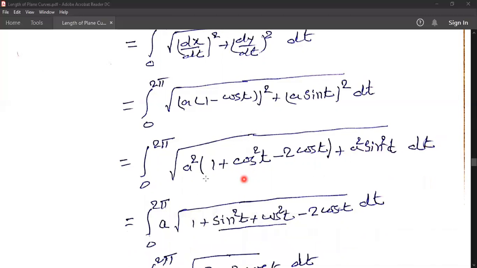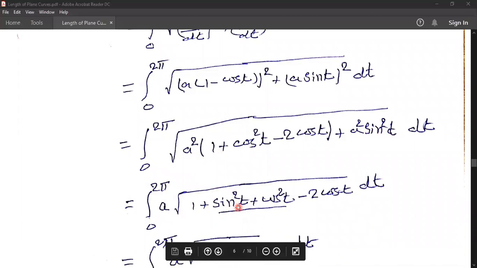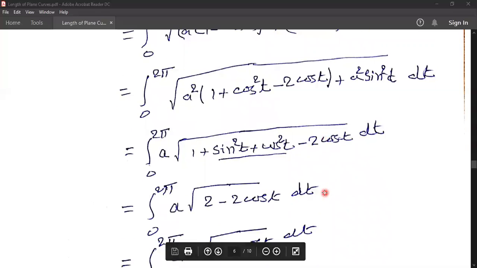Then a square is common from these terms, taken outside, becomes a. Then here you get 1 plus sin square t plus cos square t minus 2 cos t, and then dt.